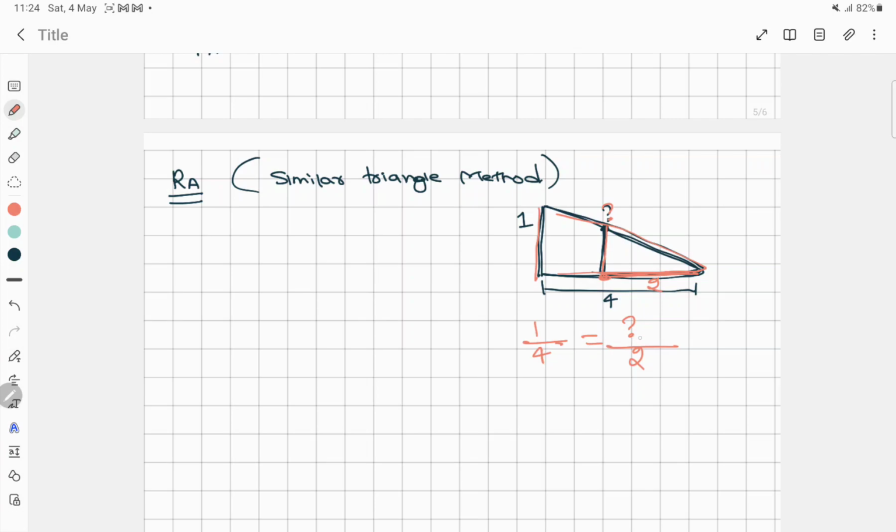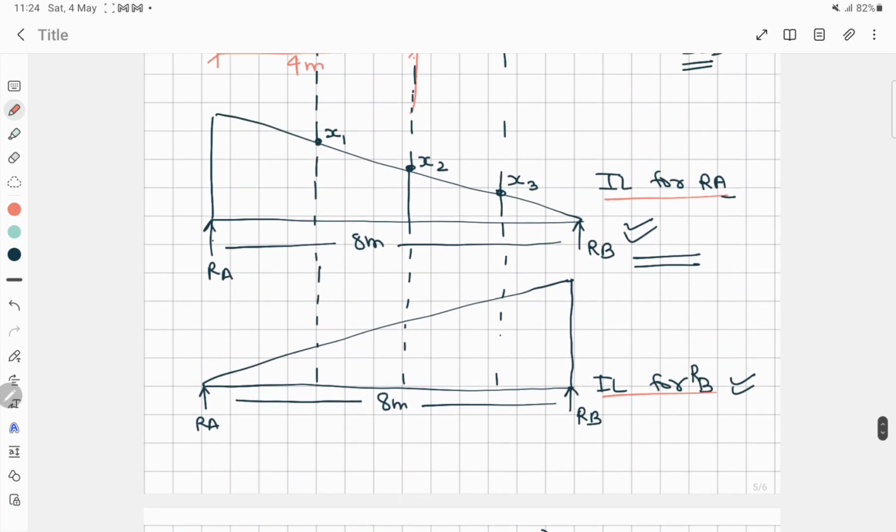So from this we can find, right? We'll keep the value here and it will be 2 by 4. Whichever value comes here, that will be the value for this. Likewise we have to find for this array. For the array we have to find x1, x2 and x3.